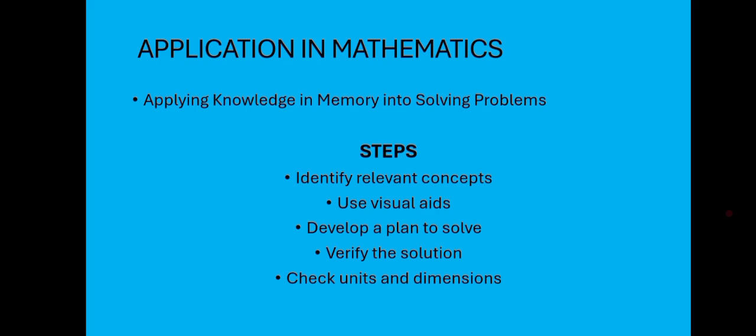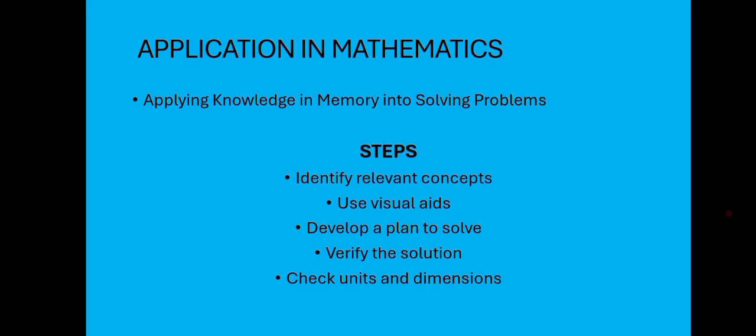Sometimes you have to draw, make relations, and make sense of whatever is being communicated in the question, especially understanding the grammar. Then you develop a plan to solve. You verify the solution after you are done. You don't just finish and then you're like, okay, I got x is 4, and just leave it like that. Put it back in the equation to see if both sides of the equation are correct, or try to make sense of the answer. Think of it logically, and then check units and dimensions if they are the same, or if you were asked to actually convert.